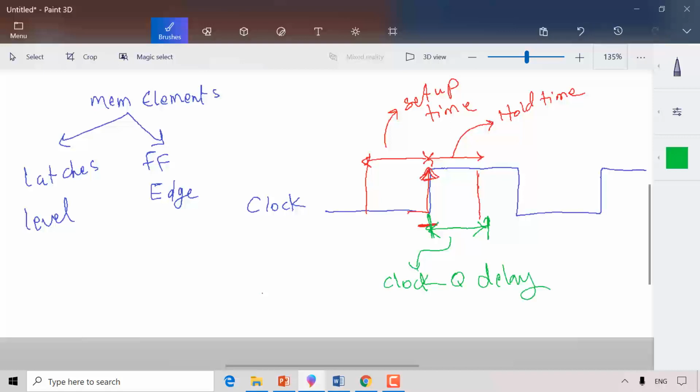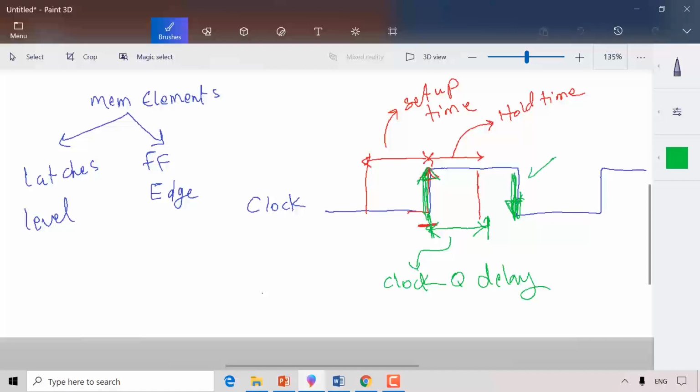Now, in a few cases, the synchronization of the flip-flop can be at the falling edge instead of the rising edge. So this is a rising edge, this is a falling edge.